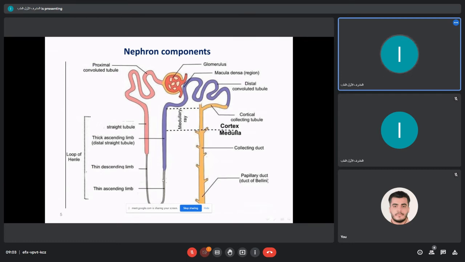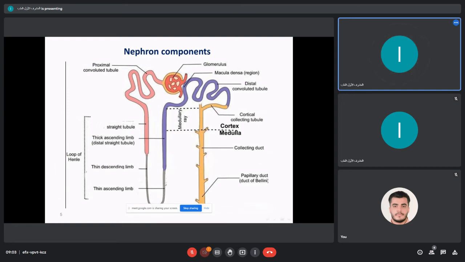Both of them are lined by simple squamous epithelium, unlike the proximal and distal convoluted tubules, which are lined by simple cuboidal epithelium. Therefore, the major function of the loop of Henle is passive transport and not active transport.